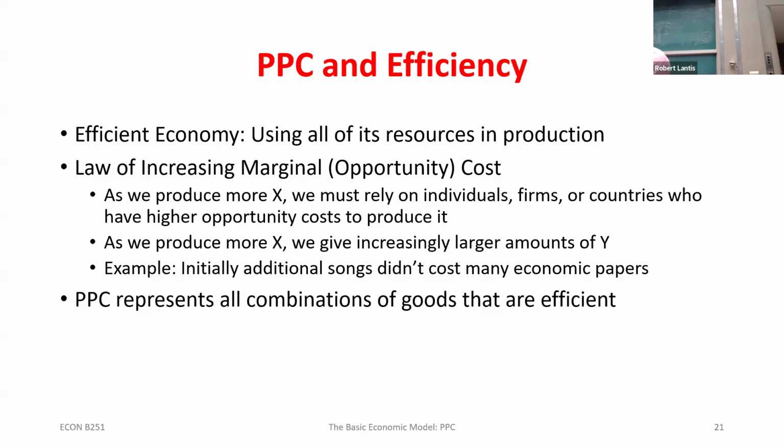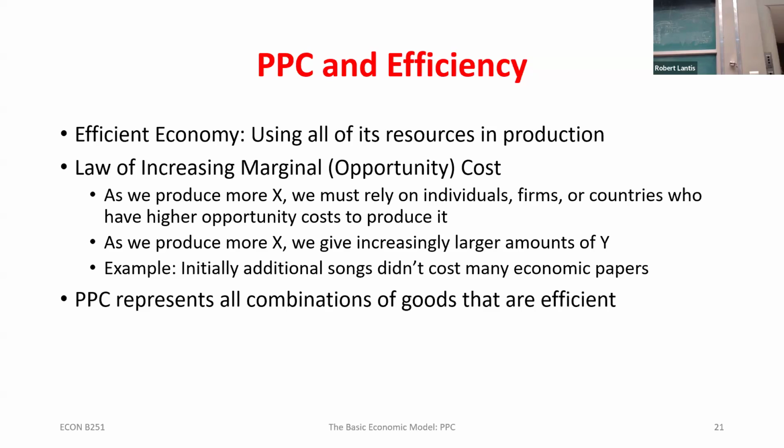Okay? So any point on this curve is going to be what we call production efficient, right? We're using all of our resources to produce goods. Nothing's sitting around going to waste. Okay? Anything out here, any point out here, well, think about it.